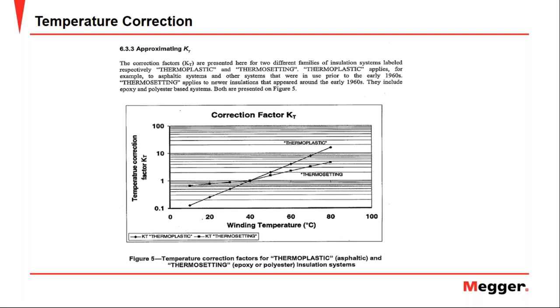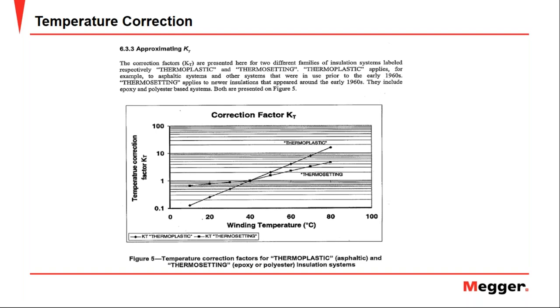It doesn't matter if the winding temperature is above or below 40 degrees Celsius at the moment of the test. The important thing is to make the corresponding correction. We can't forget that. The KT factor that you can see in the graph is the number by which the measured value must be multiplied to make the correction.